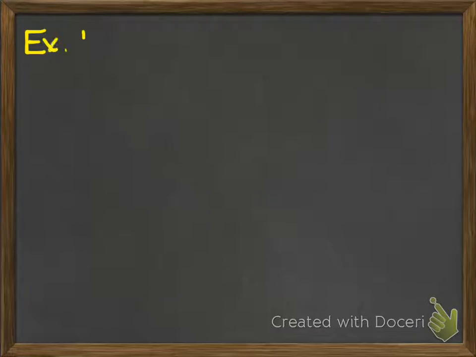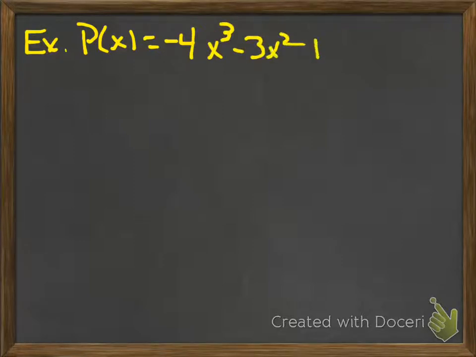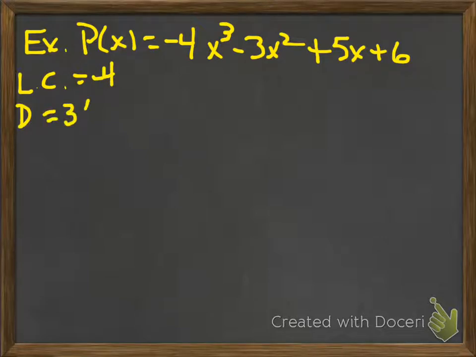Okay, so for example, we look at this function, negative 4x cubed minus 3x squared plus 5x plus 6. The leading coefficient is negative 4, the degree is 3, so the leading coefficient is negative and the degree is odd, so that tells me something about the end behavior.